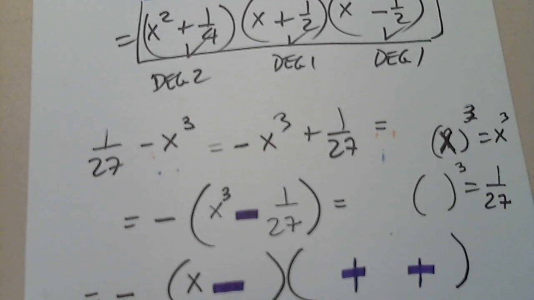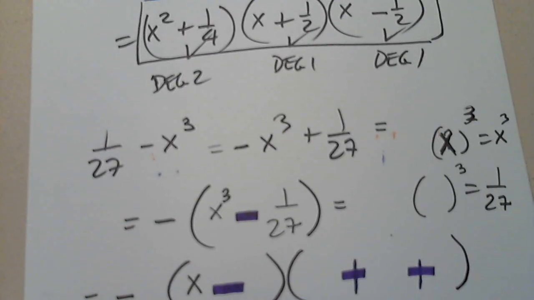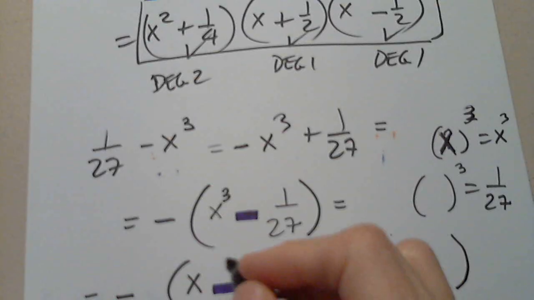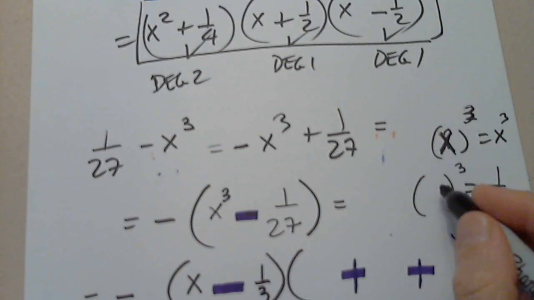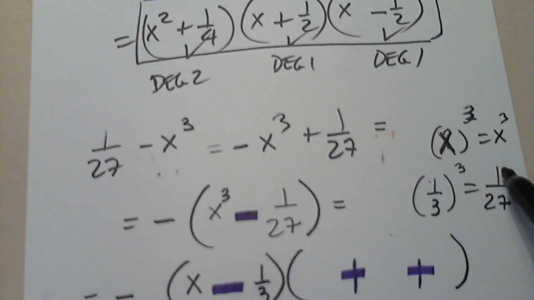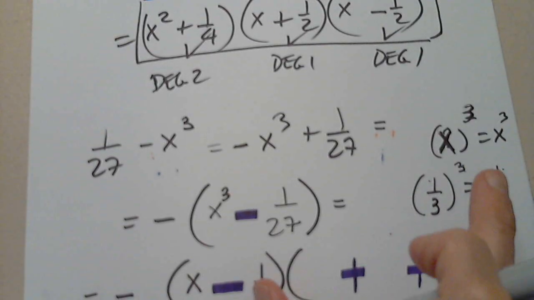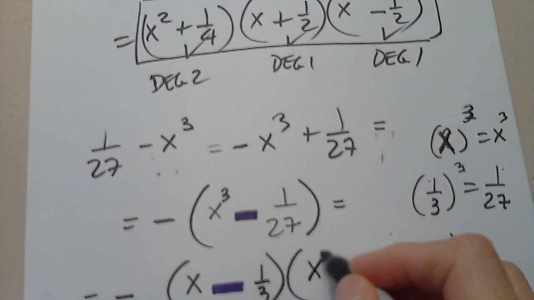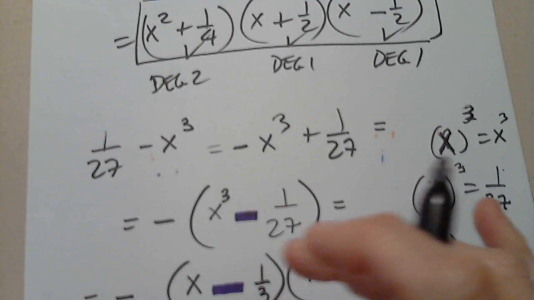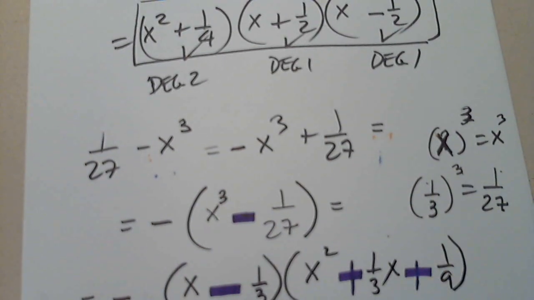Anyone would like to give us a number that we raise to the third power and we get 1 over 27? 1 over 3, because we have to raise it to the third power. 1 to the third is 1, 3 to the third is 27.